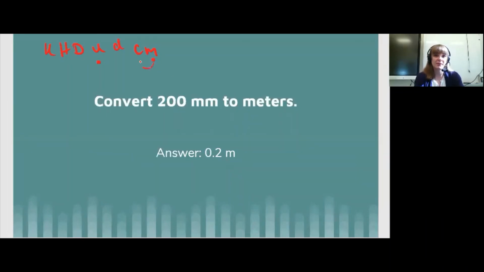We went 1, 2, 3 jumps to the left. With 200, the decimal is at the end. I would go 1, 2, 3, the new decimal is there, and I would put a 0 in front. So my answer becomes 0.2 meters.